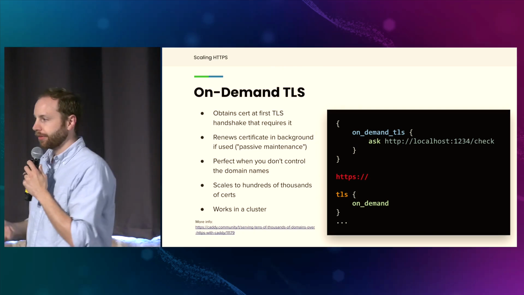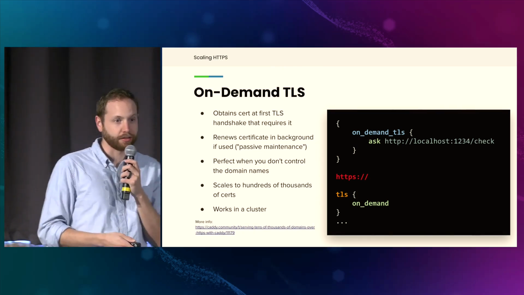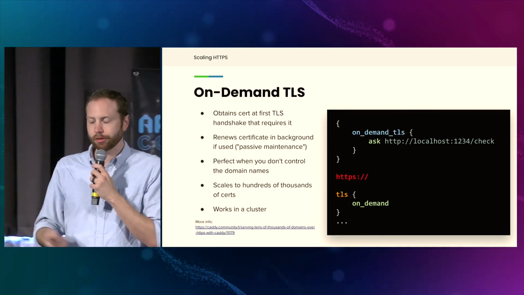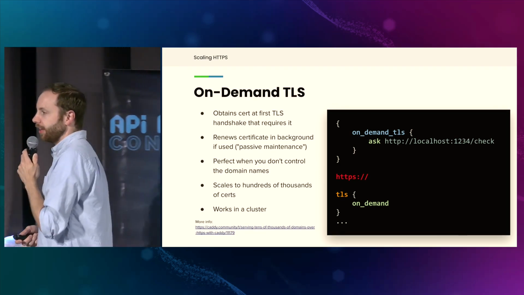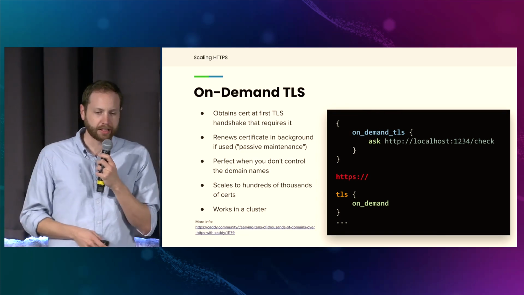That is just an endpoint that you create that maybe does a database lookup to see if you recognize the domain, to see if it's allowed. Otherwise, you're open to abuse, I suppose. You just want to make sure that only your customers, for example, can get domain names.